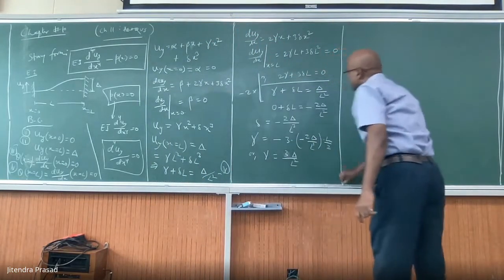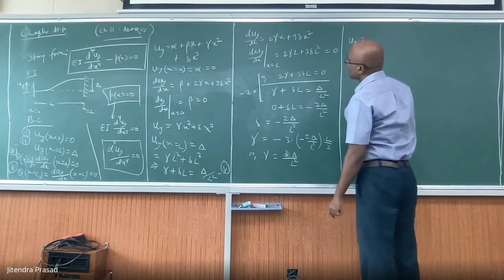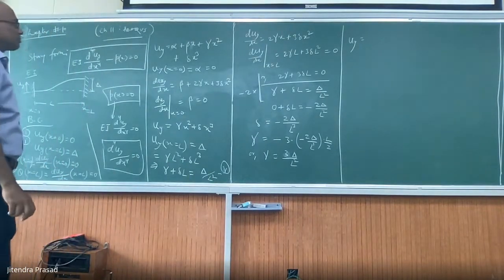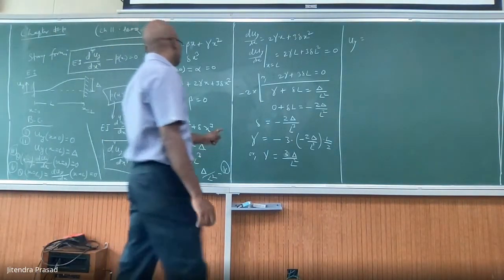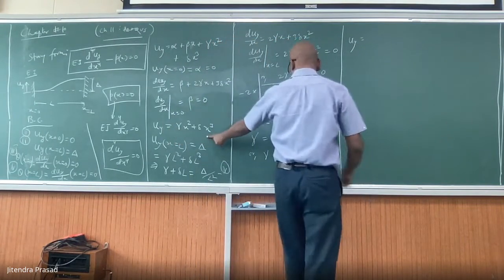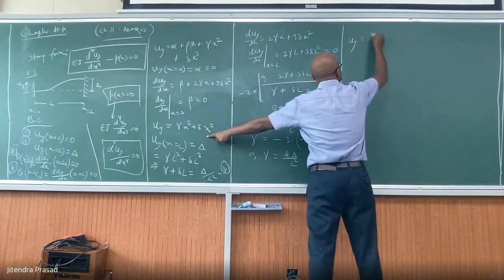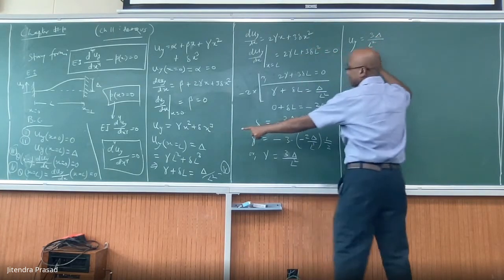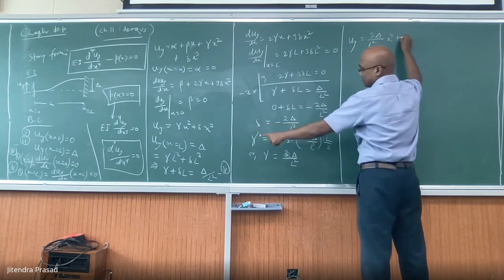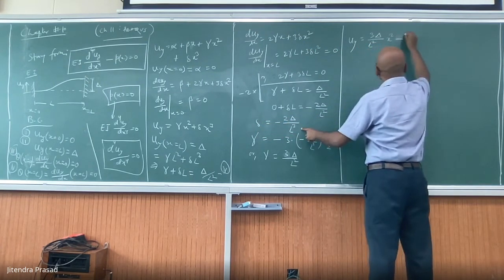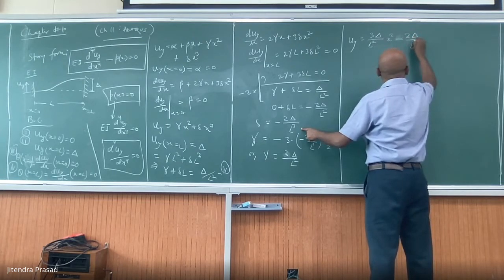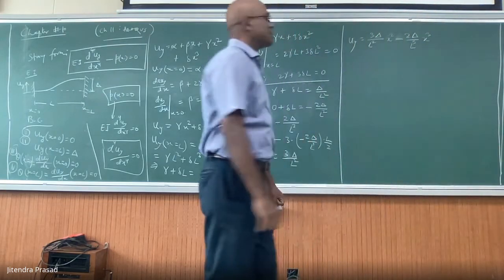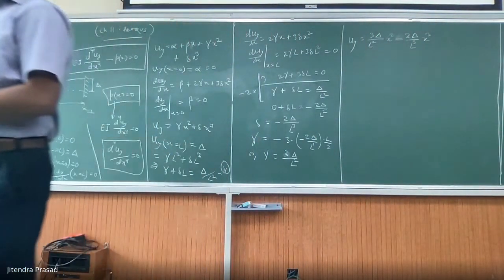Okay, so we got the form uy is equal to 3 big delta over L square x square minus 2 big delta over L cube x cube.